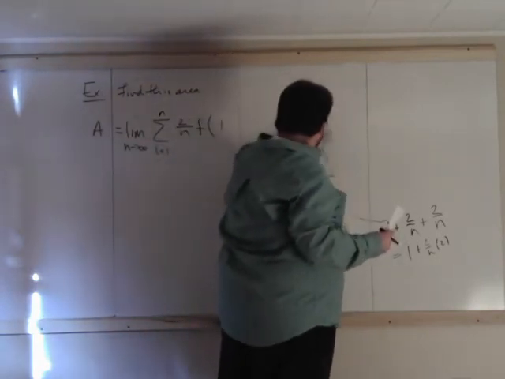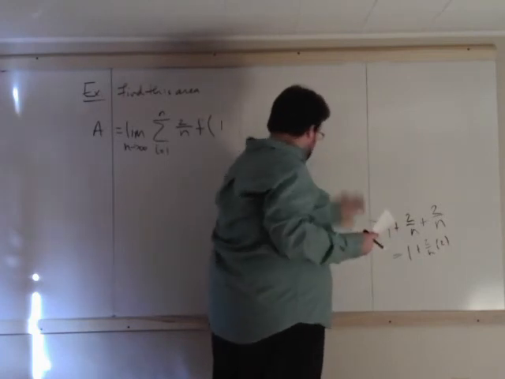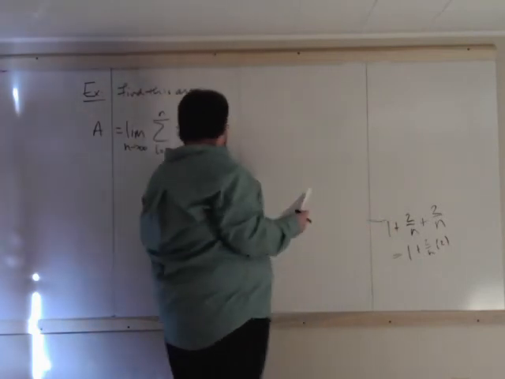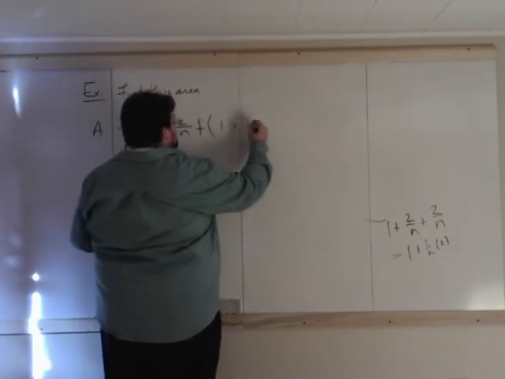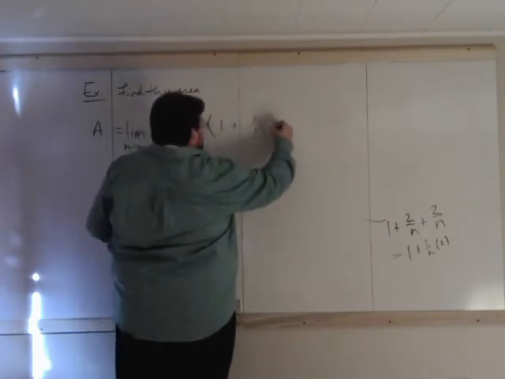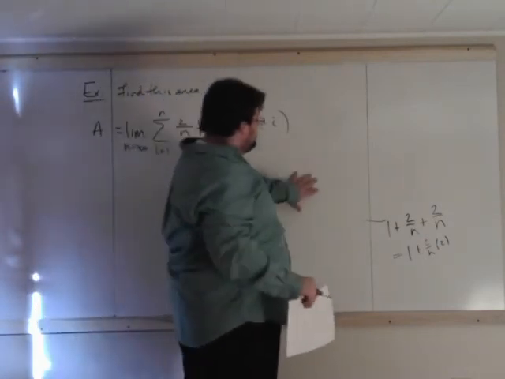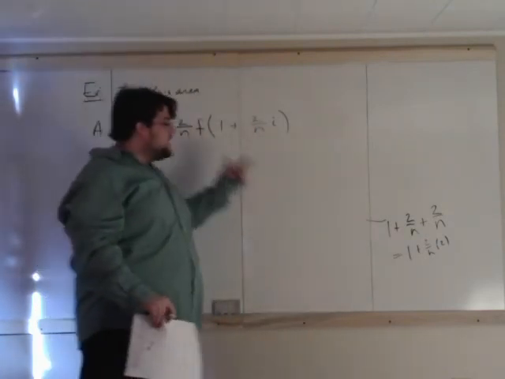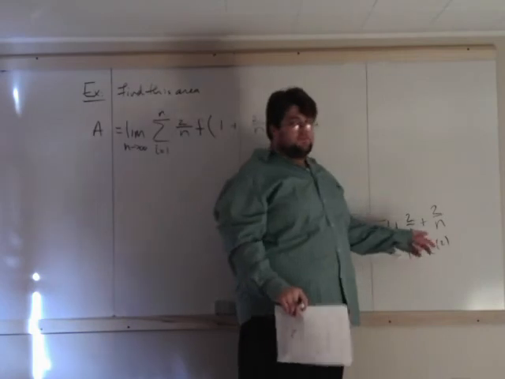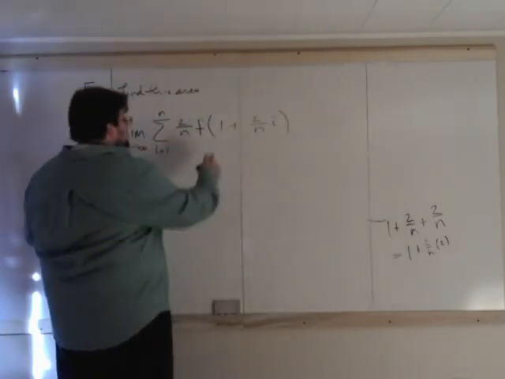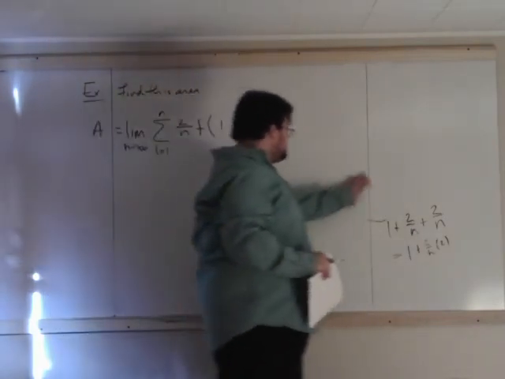We go over 2 over n, and we go over i times. So for the first one, we went over 1 time. For the second one, we go over 2 times, and so on. And we can now solve this limit.